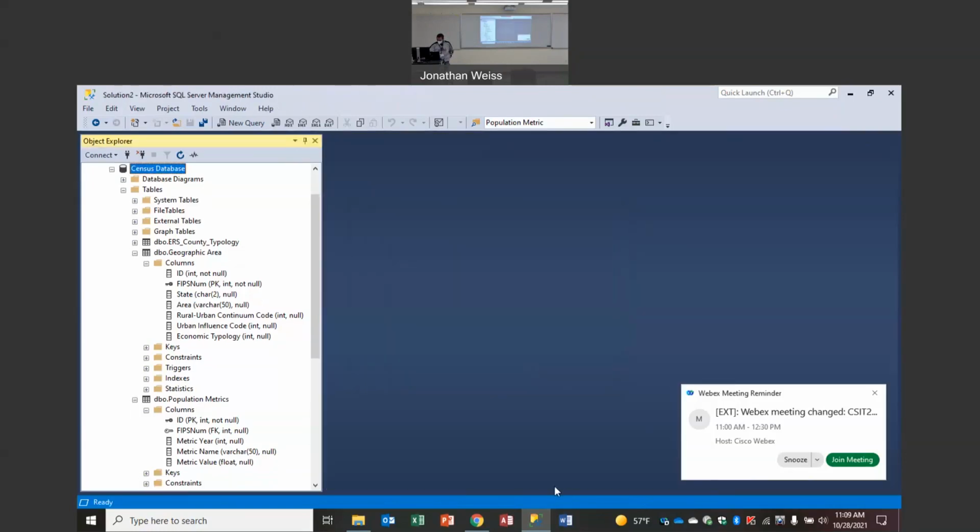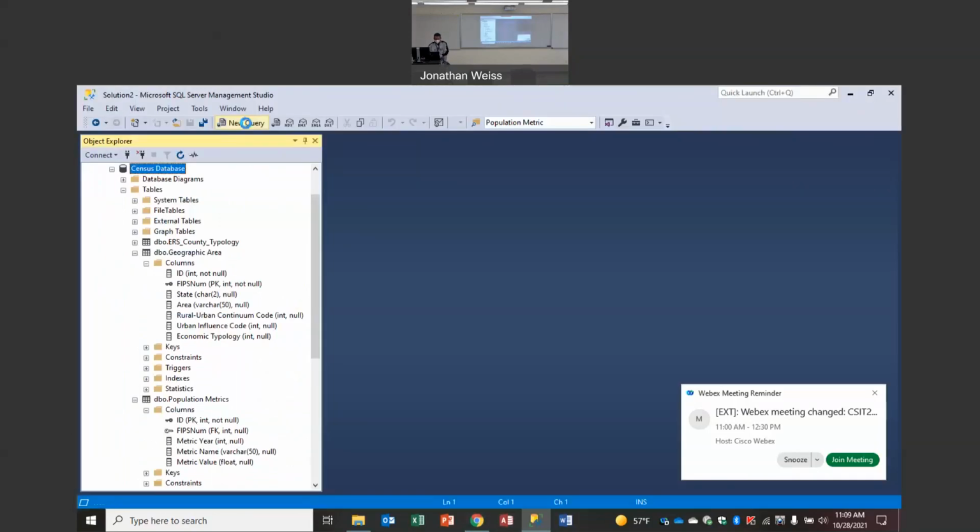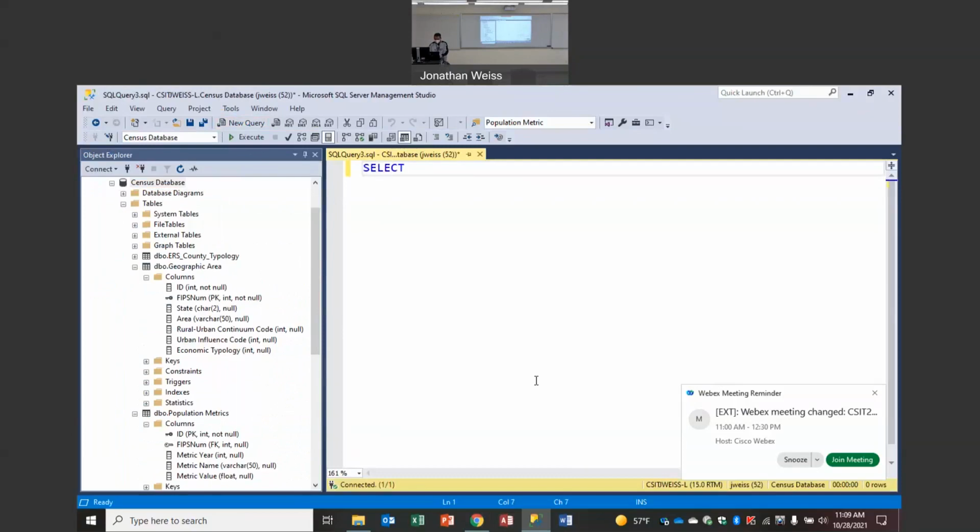Okay, let's do number three. Find the number of births in 2017 for any area that begins with the letter C, sorted by Phipps num. All right, so once again, I'm just going to copy my fields that I need here. I'm going to create a new query. I'm going to select those fields.